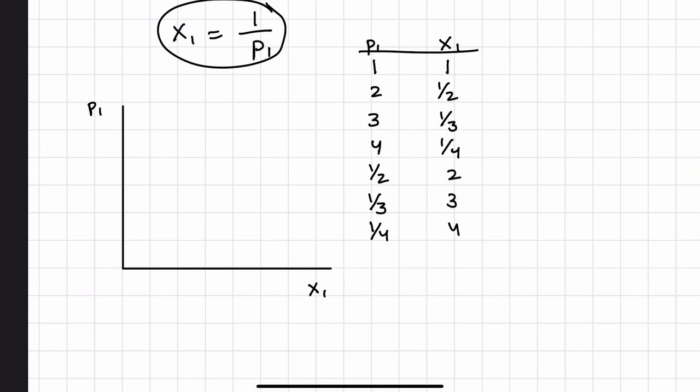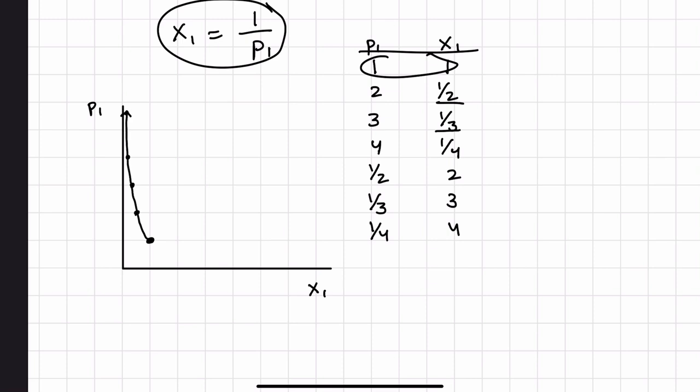So let's plot that. Have 1, 1, that's this. I have 1/2, 2. So here's me at 1/2, and then 2. I have 1/3, 3. So that's 1/3, 3 there. 1/4, 4. It just keeps on going up like that, getting closer and closer to this axis.